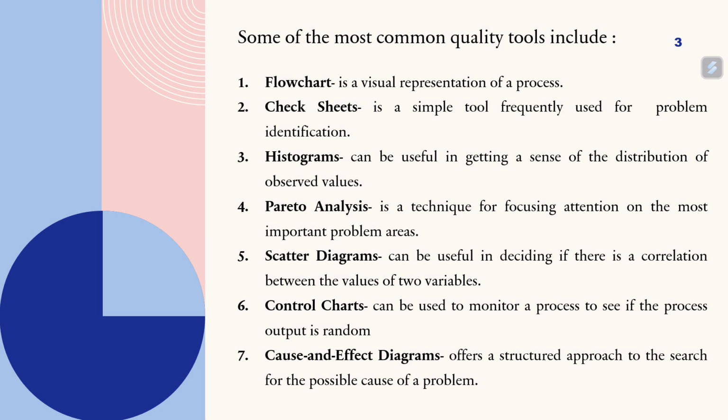Next is the scatter diagrams. A scatter diagram can be useful in deciding if there is correlation between the values of two variables. And last is the cause and effect diagrams. Cause and effect diagrams offer a structured approach to the search for the possible causes of a problem.